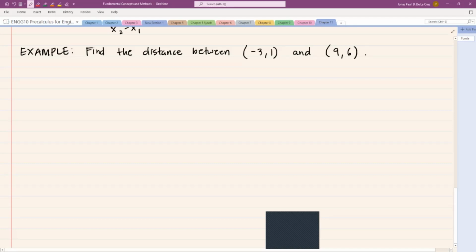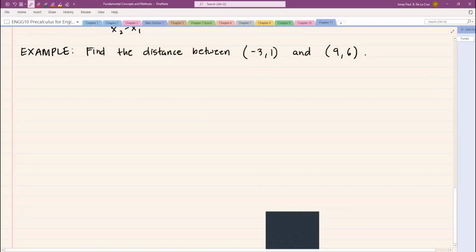Yan. So meron tayong dalawang points dito, no? This is our first point with coordinates -3, 1. Tapos this is our second point with coordinates 9, 6.